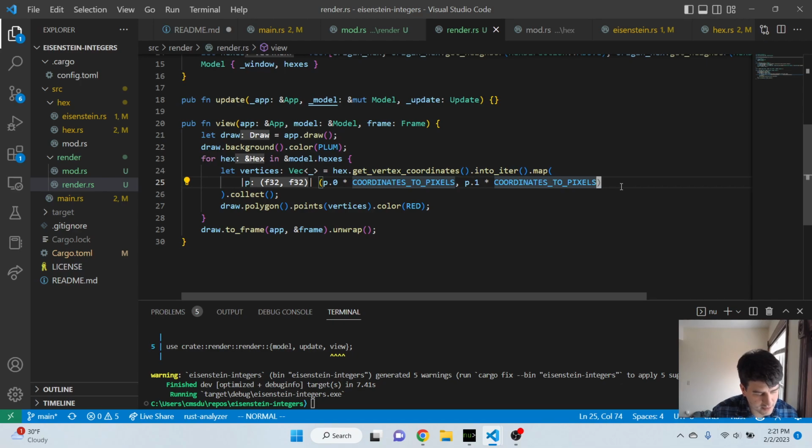One thing is that you can compute the distance between 2 hexes now by just taking the norm of the difference between their underlying Eisenstein integers, because there's a well-defined distance on Eisenstein integers. So that you get for free.